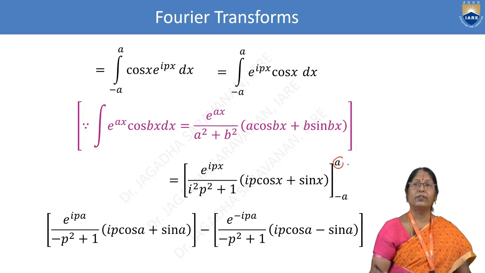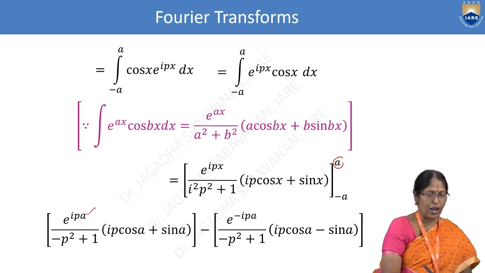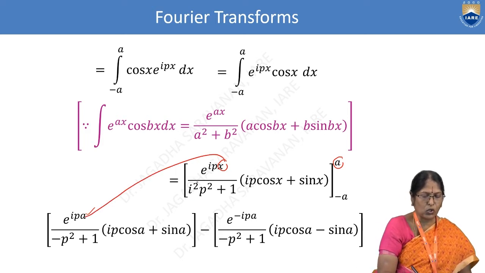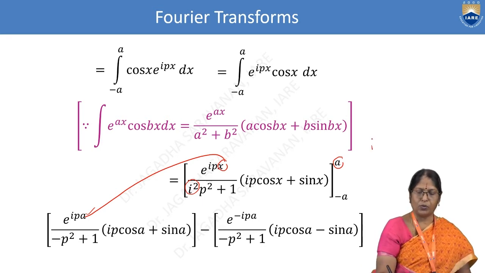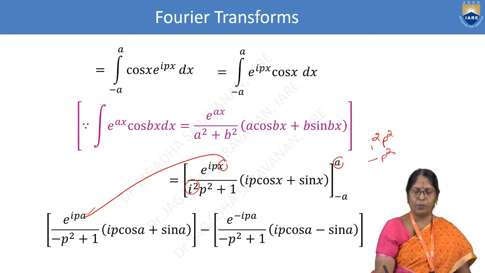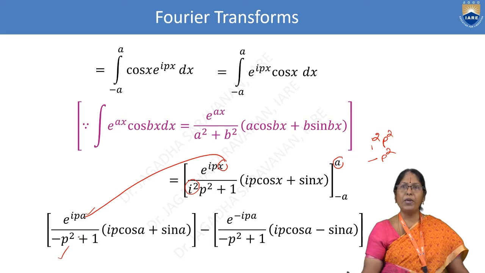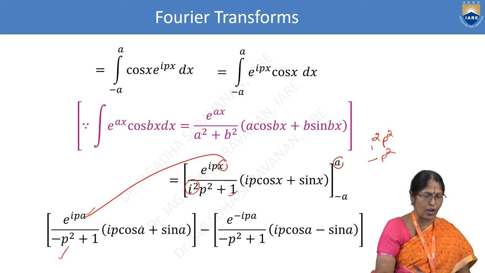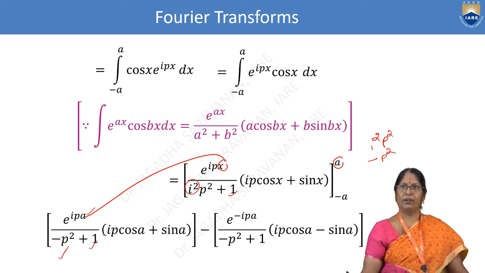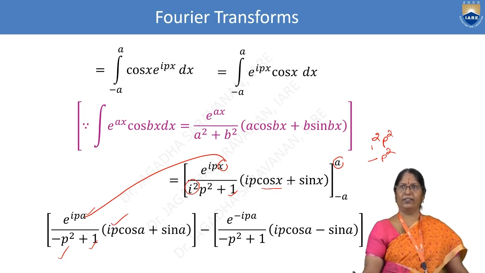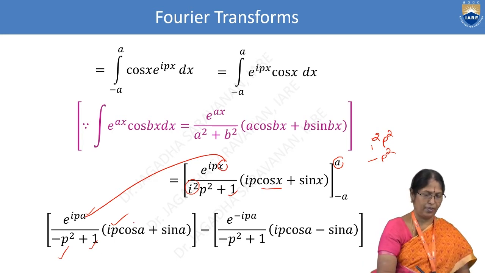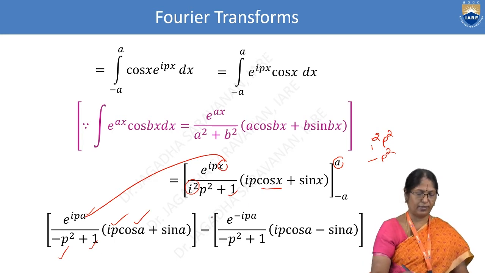The upper one is a, e power ipa. Here we substituted i square, it's nothing but minus 1. I square p square, i square value is minus 1, so minus p square. That's what is here, minus p square is there. This plus 1 is written as it is. Fine. So ip, this is cos x, that is cos a, plus sin a.